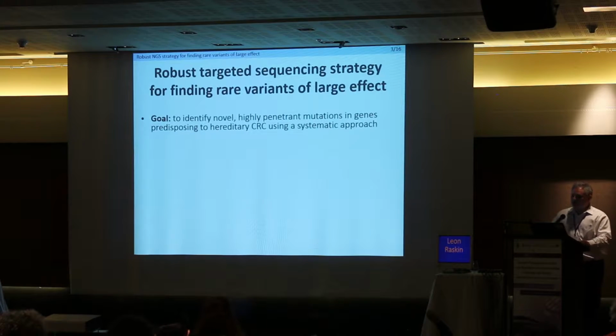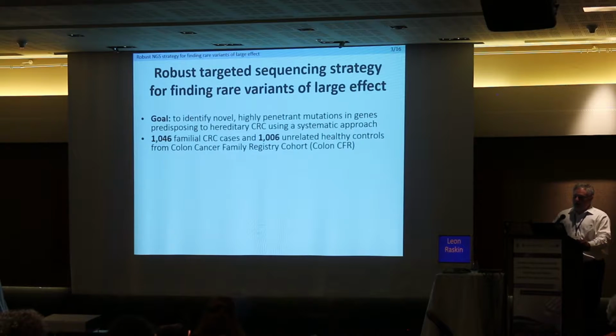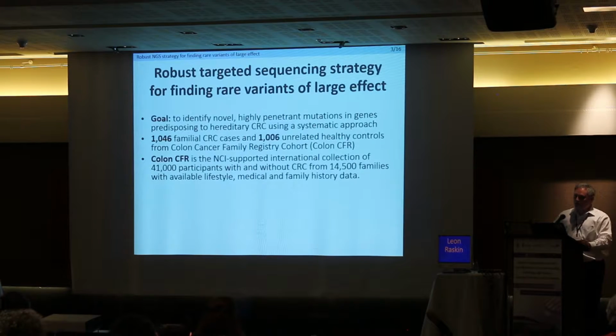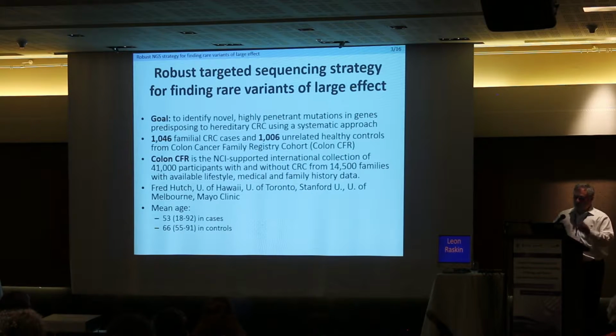So the goal was to identify novel, highly penetrant mutations and genes predisposing to hereditary colorectal cancer, in this case using a systematic approach. We used 1,000 cases and 1,000 controls from the Colon Cancer Family Registry core, Colon CFR. This is a very large international consortium that has almost 15,000 families with colorectal cancer coming from different sources.